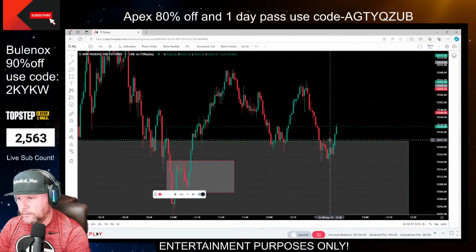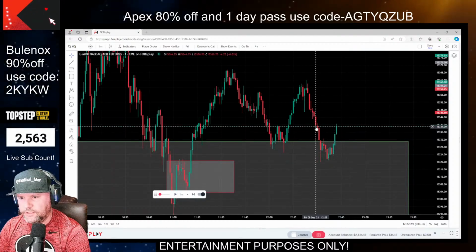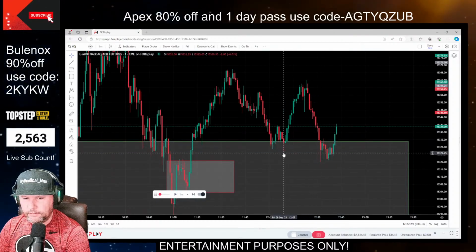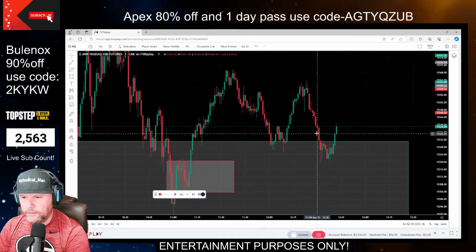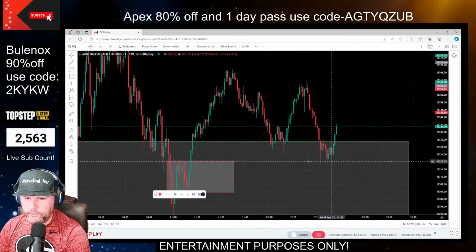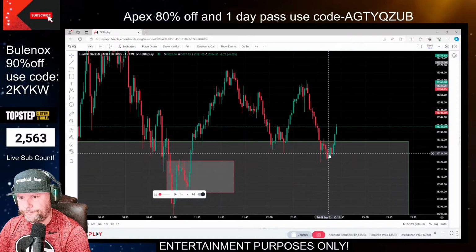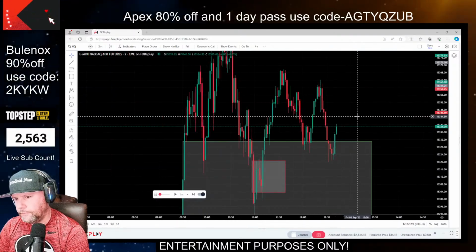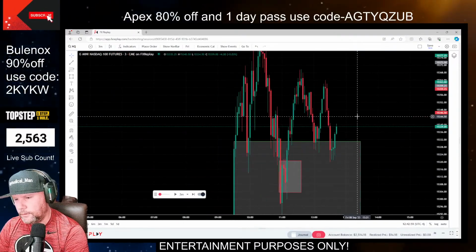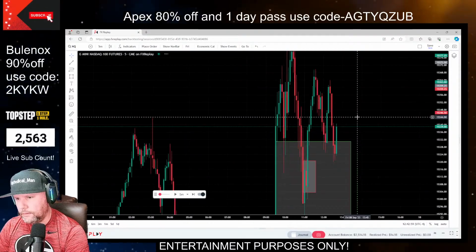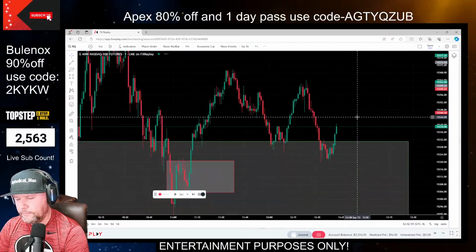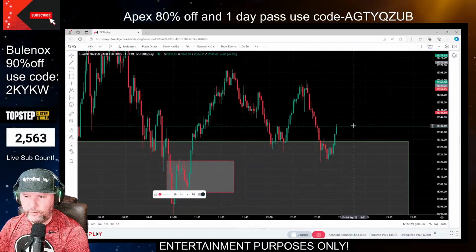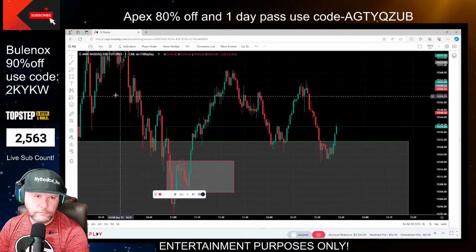336. All right. This one's small-ish. I don't love it, but let's think about it. We swept liquidity, and we swept liquidity. We're delivering from a bullish gap. I don't know. This could be a fail. I'm going to take it anyway.